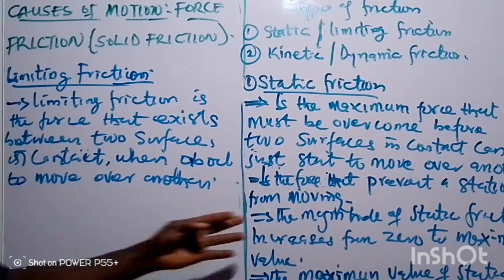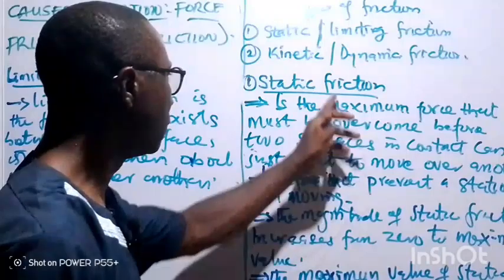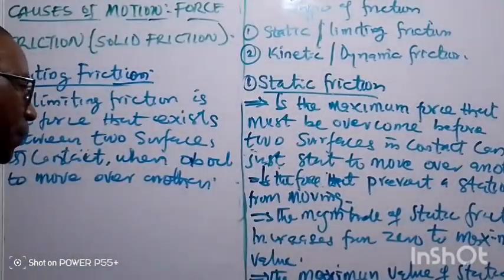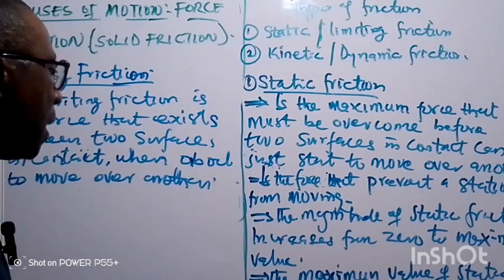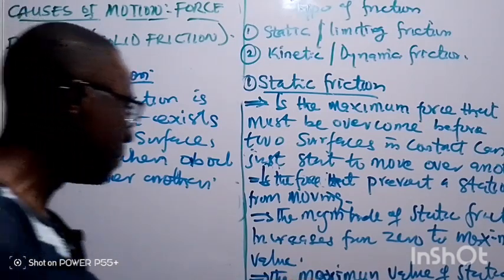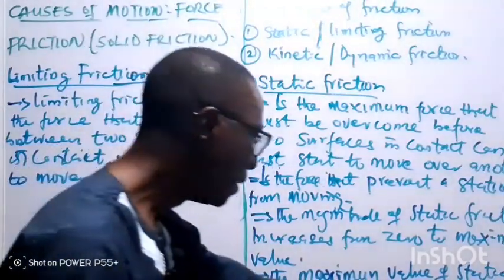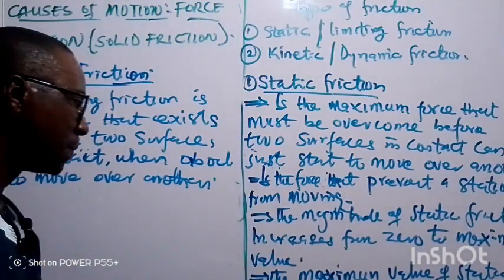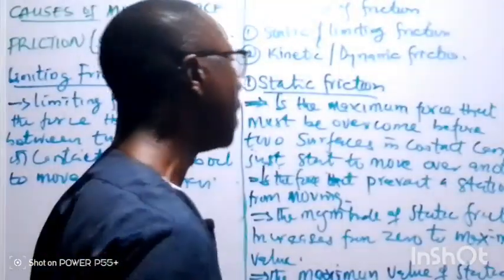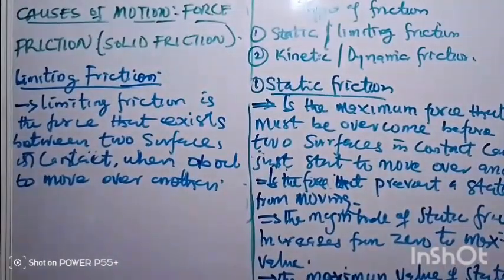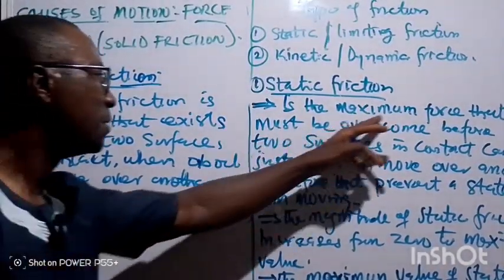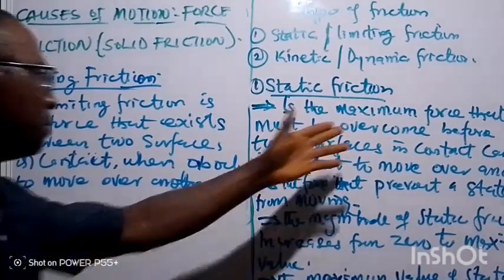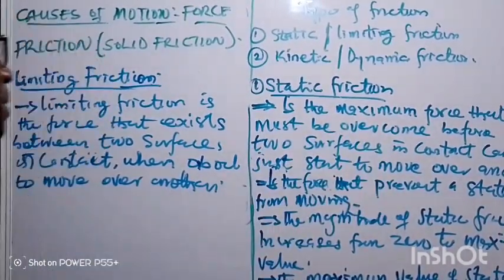As we said, the magnitude of static friction ranges from 0. When it is 0, then the object will be at rest. But if the force between them, which we call static friction, is not broken, then the object will remain at rest.